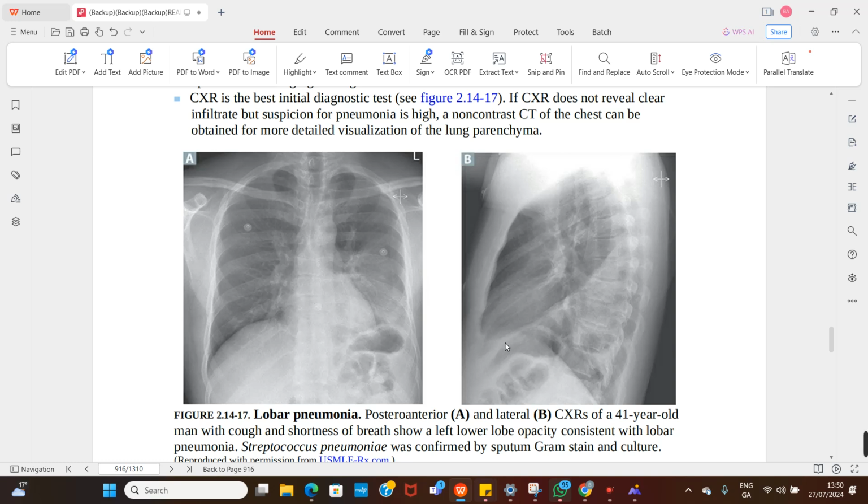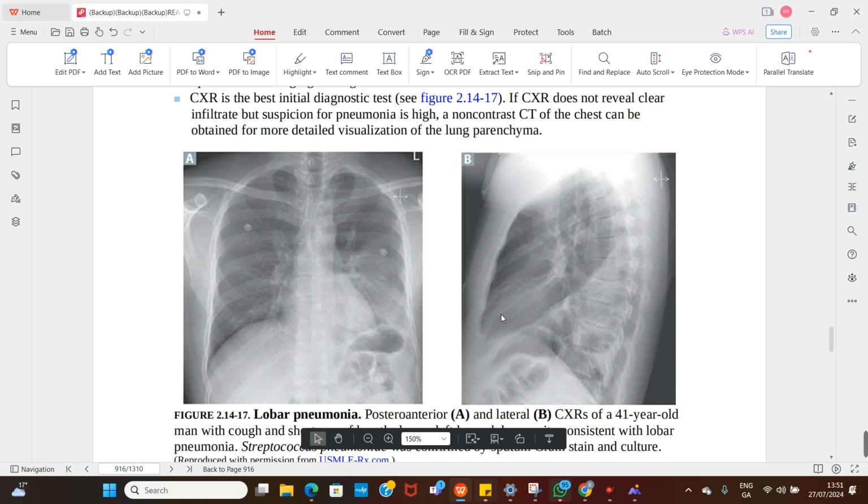Your contrast is going to obliterate that parenchyma. That's why, when you are doing pulmonary nodule evaluation, you use non-contrast because you want to see the parenchyma, right? So for pneumonia, order a non-contrast CT so that you can see the parenchyma clearly, and your contrast will not occlude your view.